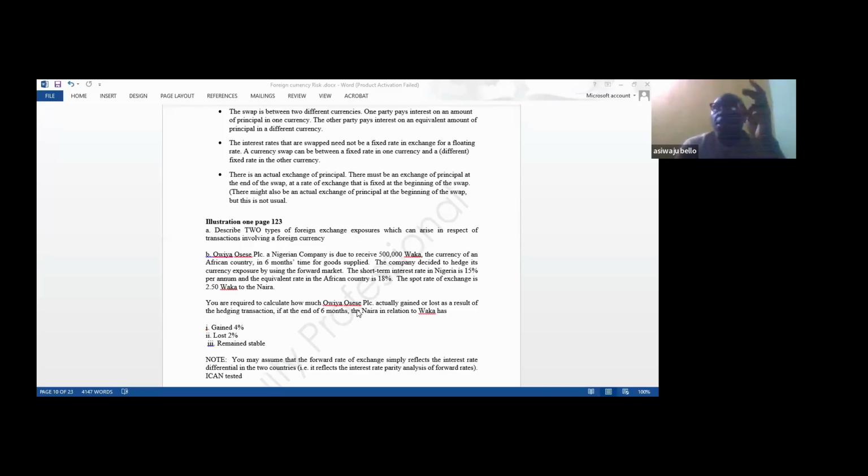If exchange rate is stated in terms of the number of units of domestic currency that can buy 1 unit of foreign currency, that is direct quotation.